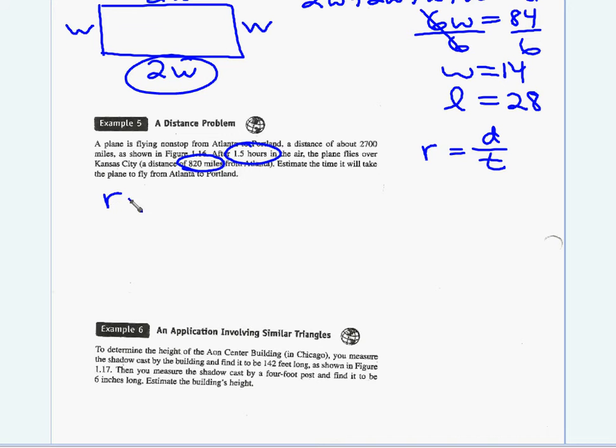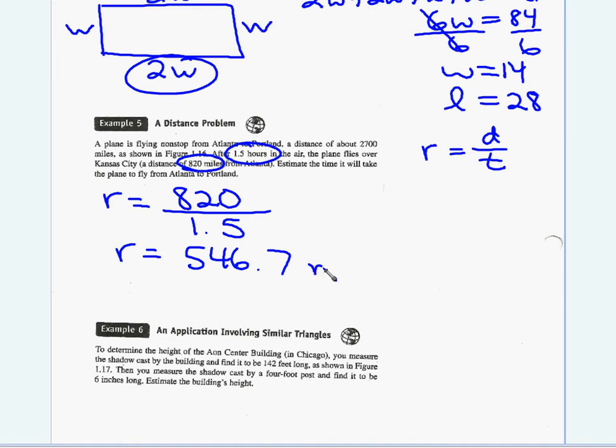So the rate of this plane is 820 divided by 1.5. So you use your calculator. Somebody tell me what 820 divided by 1.5 is. 546, we'll say 0.7. What is that? Miles per hour.